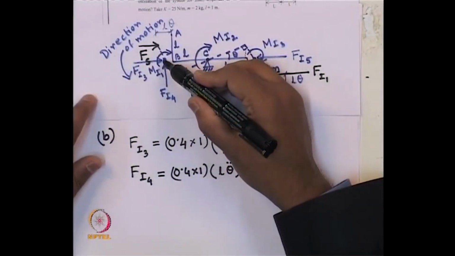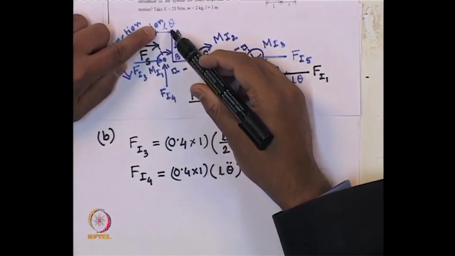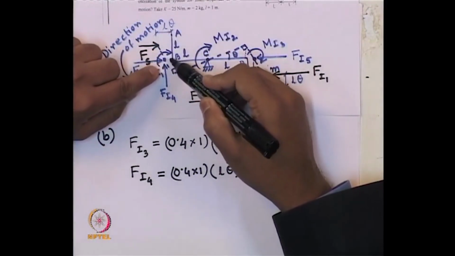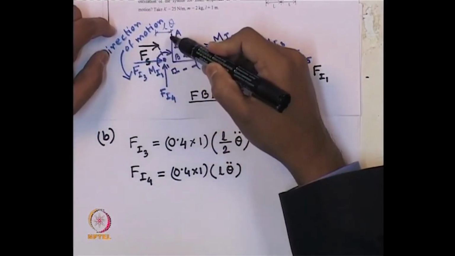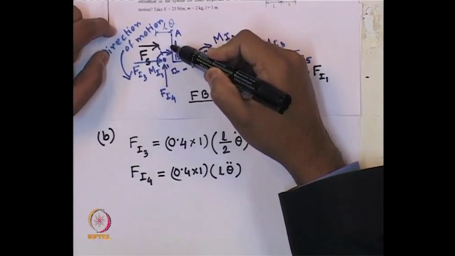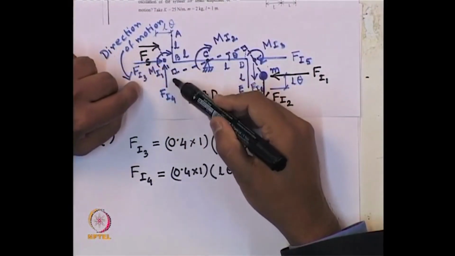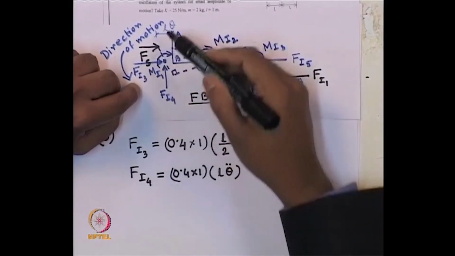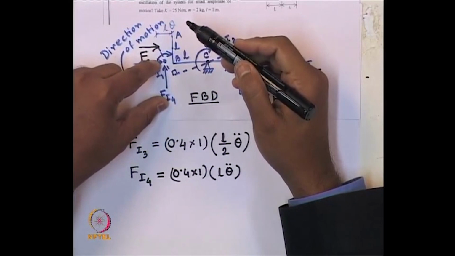Because look at the center, end point horizontal displacement is L theta. So, about center this displacement is L by 2 theta. Whereas, vertically this has moved because of this shifting of point B, that was L theta. So, entire rod AB has moved down by L theta.